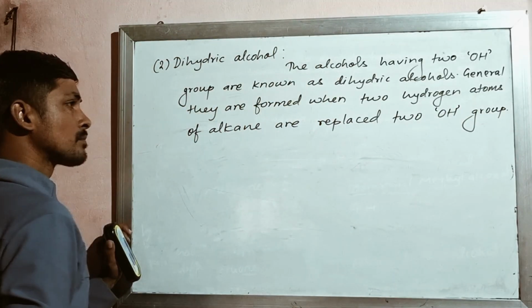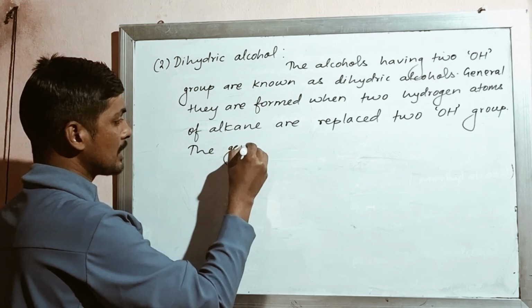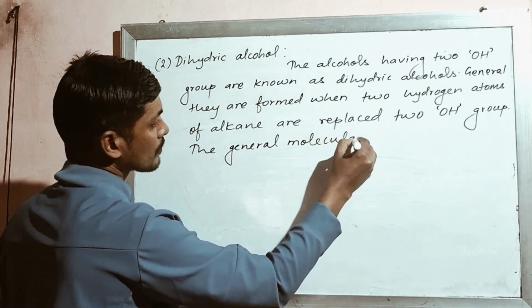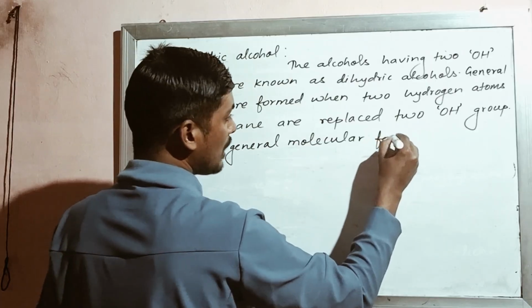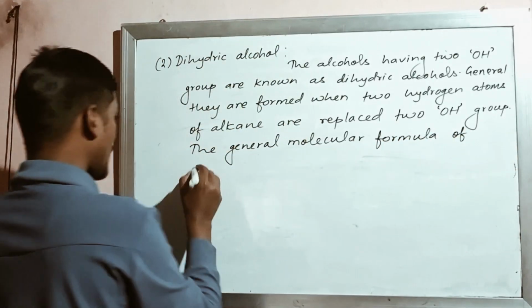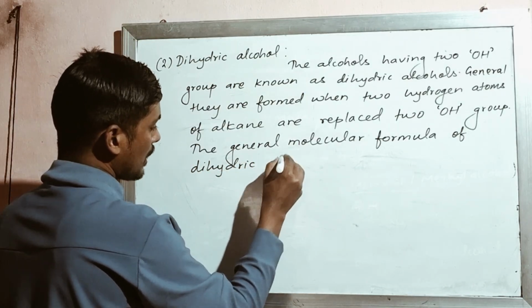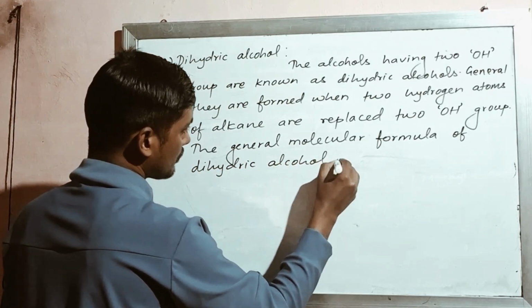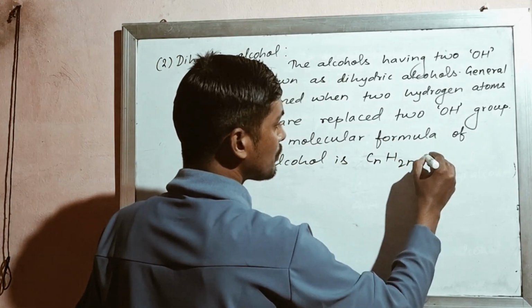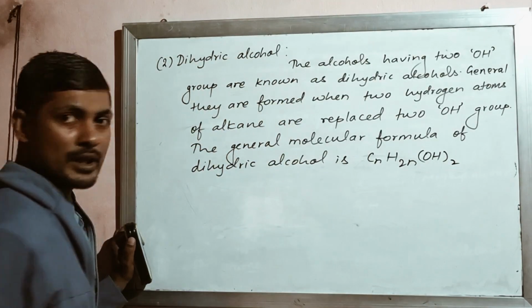Here the general molecular formula of dihydric alcohol is CnH2n (OH)2. There are two OH groups.